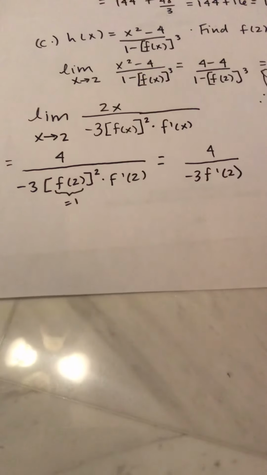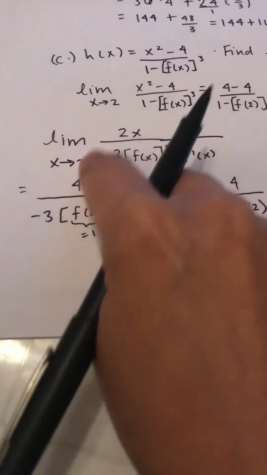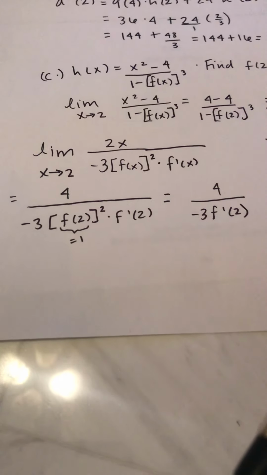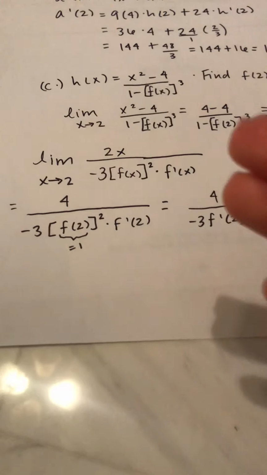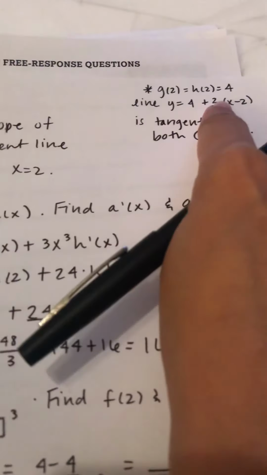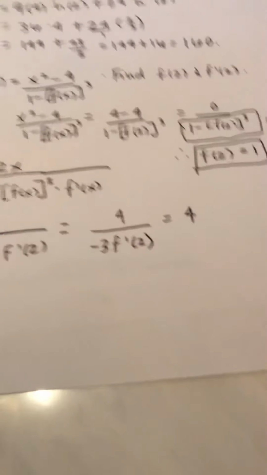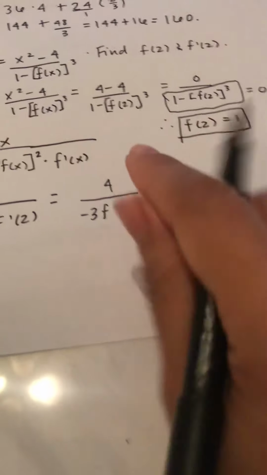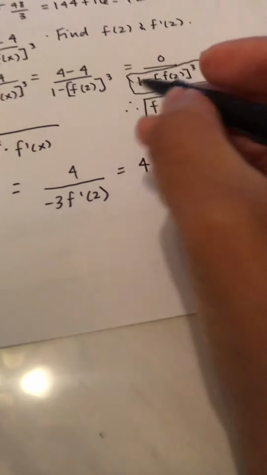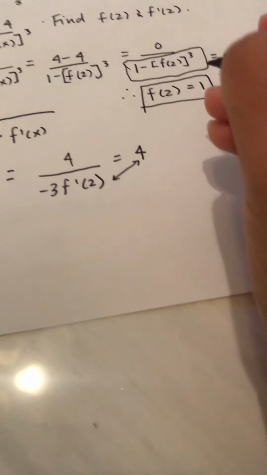But this was the whole limit, which is the limit of h of x as x approaches 2. And if we direct substitute 2 into h, we get 4, because that is what was given up here. So that means that this is equal to 4. You just have to isolate f prime of 2. You can do it a lot of different ways, but I like to just switch their spots here.